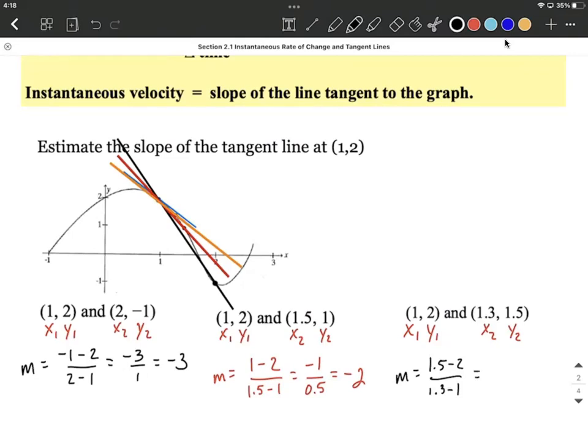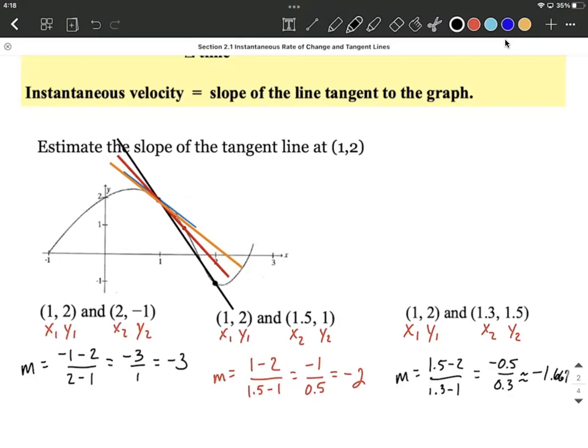So 1.5 minus 2 is -0.5, and 1.3 minus 1 is 0.3, which works out to be right about -1.667 as far as an approximation goes.